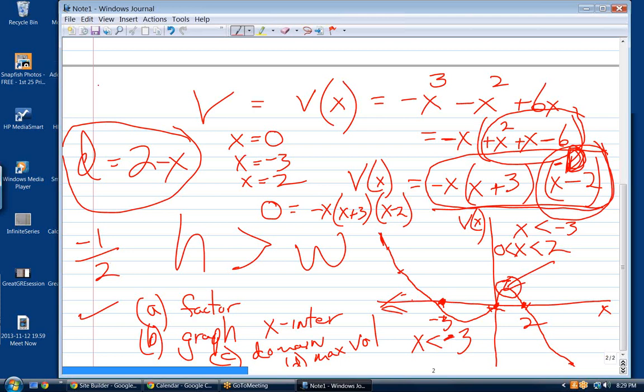And if we plug that in, we get 1/4 minus 6. So I get 6, and I get a negative value. Oh, I meant to plug in negative 1/2.